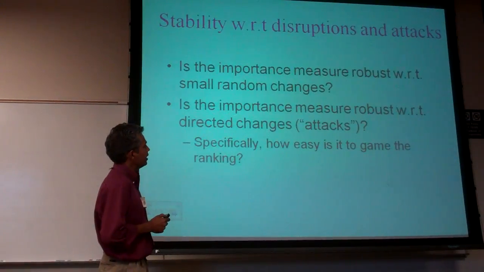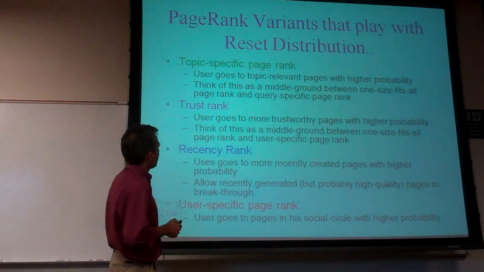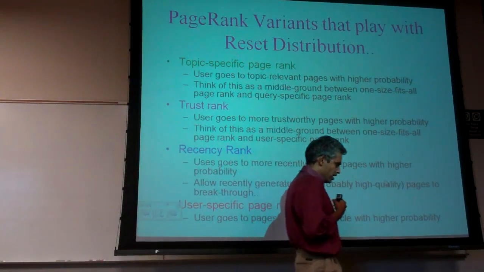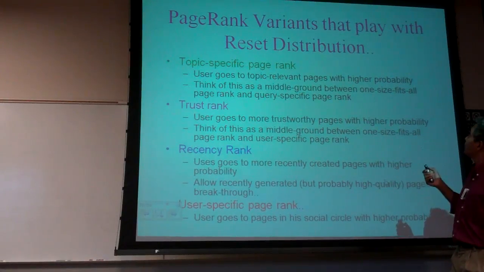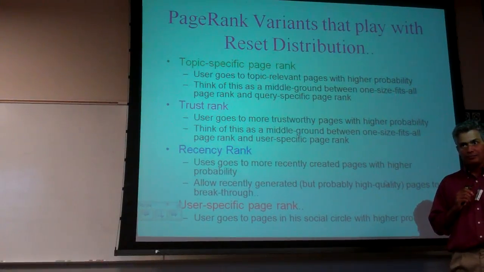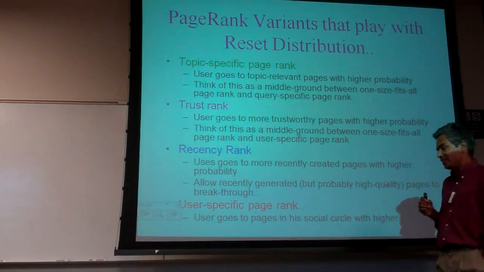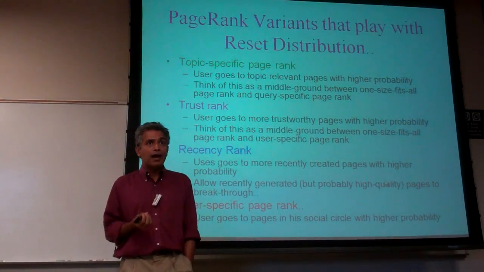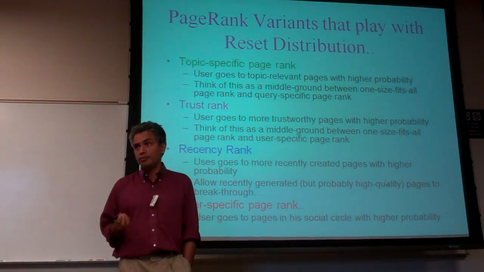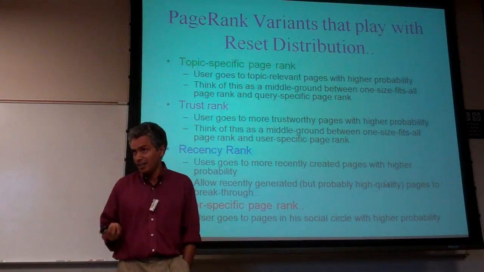What I want to say is that there are a whole bunch of ways in which you can co-opt the reset distribution. The reset distribution was thrown in mostly to make the underlying Markov chain irreducible. That was the real reason.